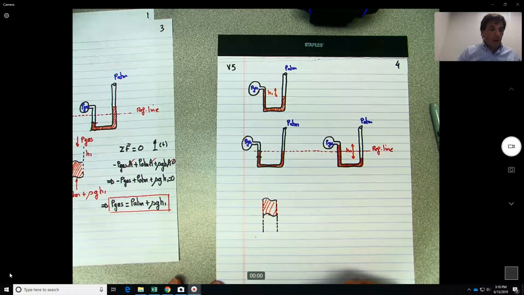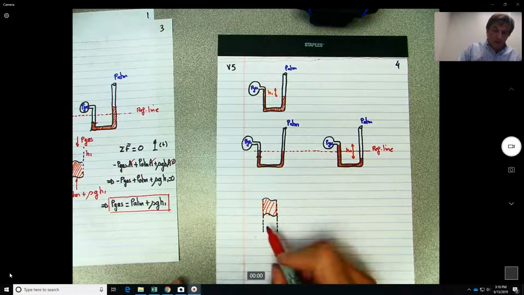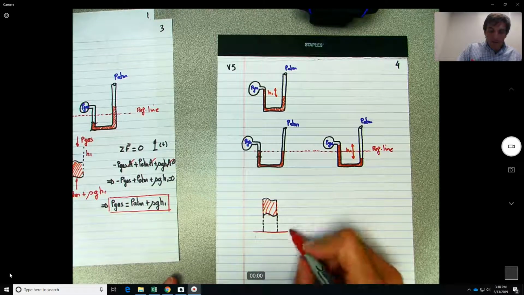So the element went up. So what will be our reference line? Reference line is over here.